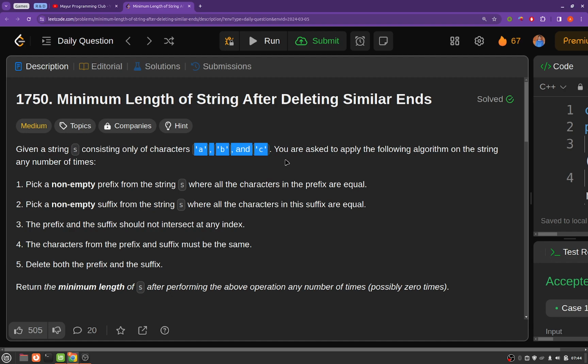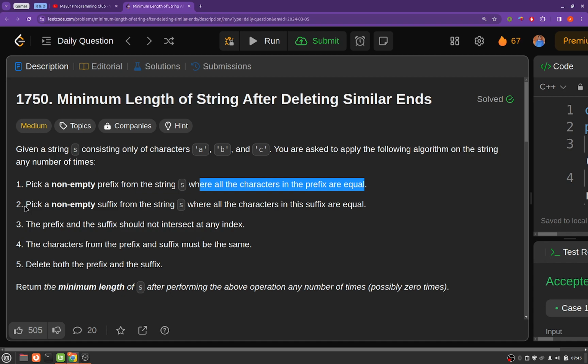and you are asked to apply the following algorithm on the string any number of times you may like. Okay, so you have to pick non-empty prefix from S where all the characters in the prefix are equal.